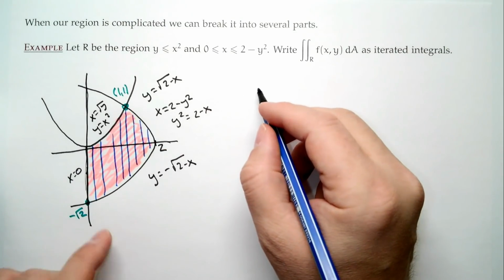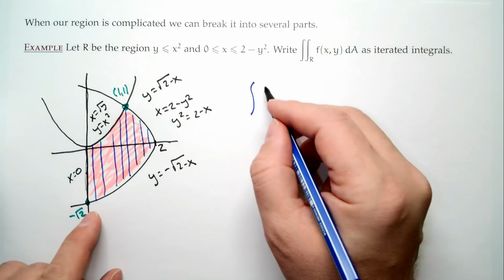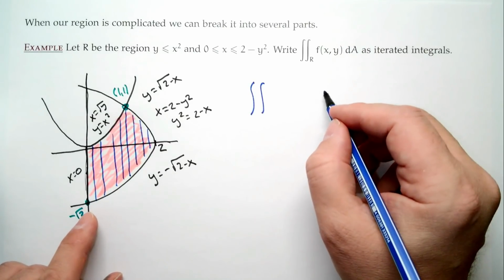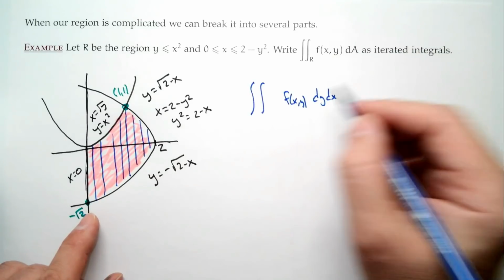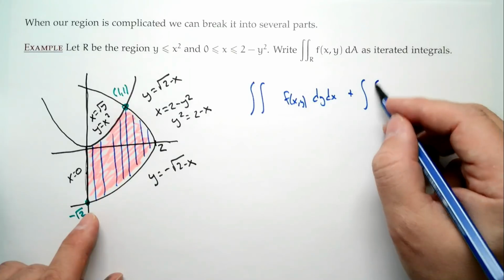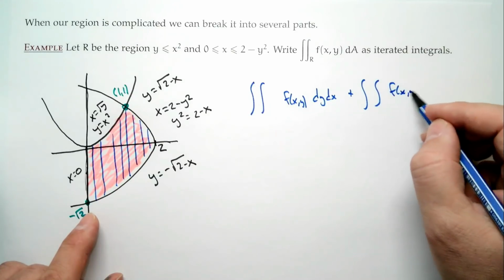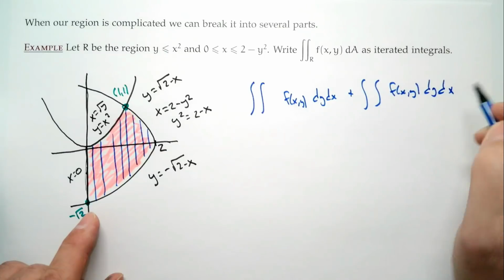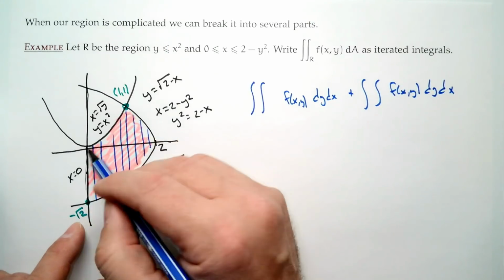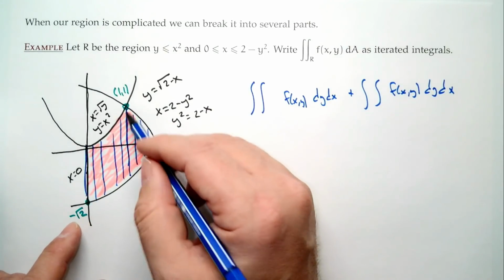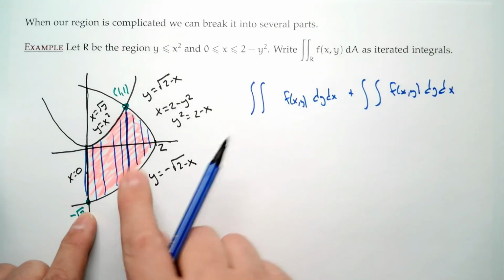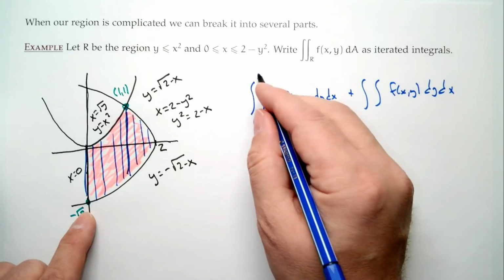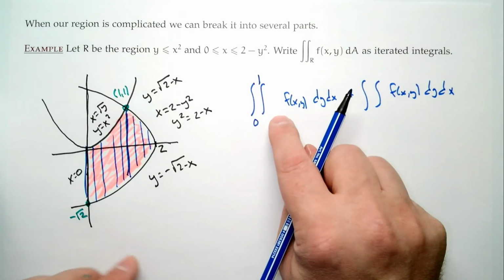So we're going to go from, well, this is a dy dx, f of xy. And then there's another one, f of xy, dy dx. So the first integral goes from where we start to where we have to change. So where do we start? 0 up to 1. Now, the inner layers.